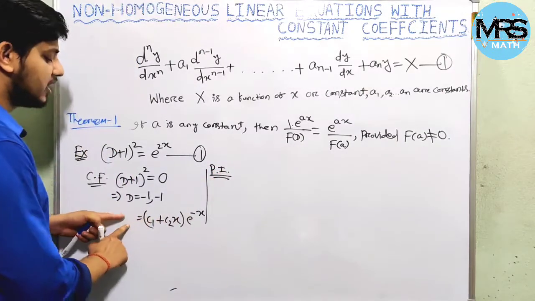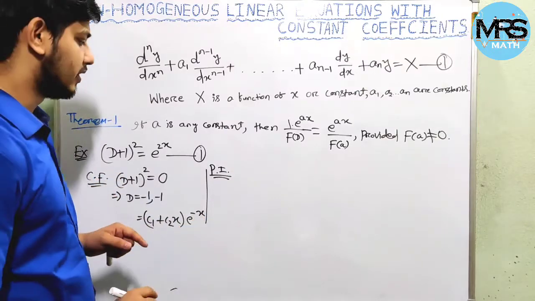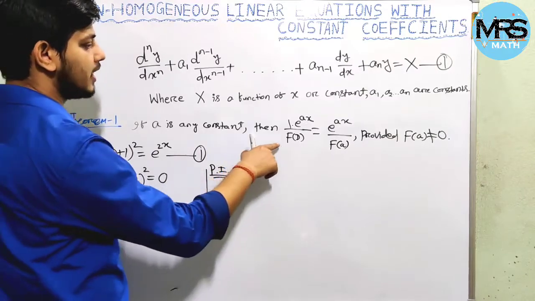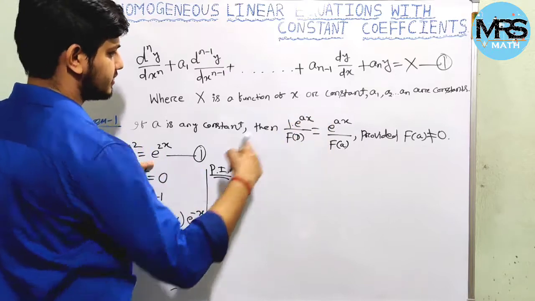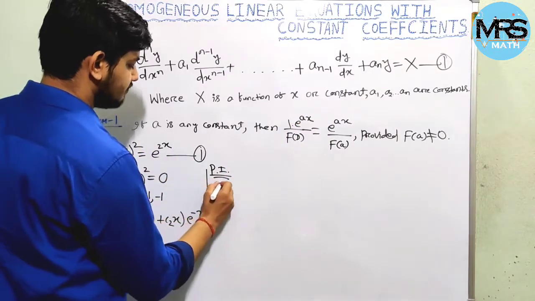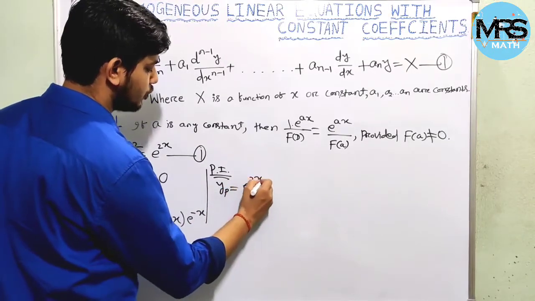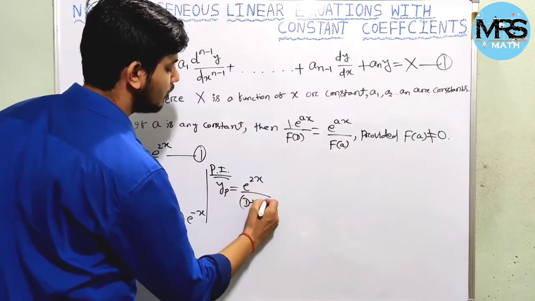These things we have already discussed in the previous class, so there should not be any confusion. For the particular integral, we will apply this theorem, because the right hand side is in the form of e to the power ax. So what will we get? yp, you can take particular integral, is e to the power 2x over d plus 1 whole square.